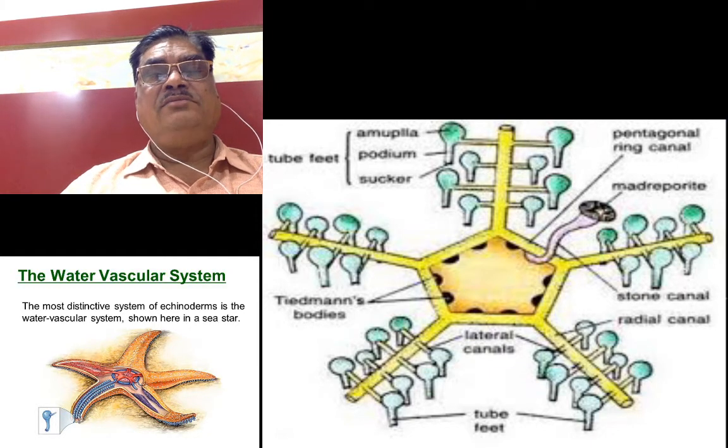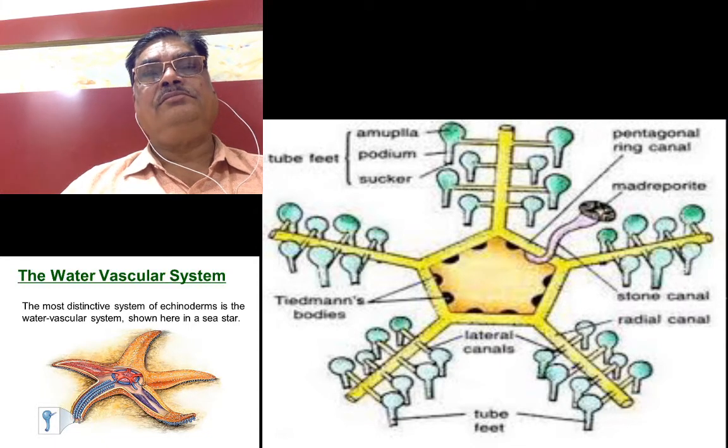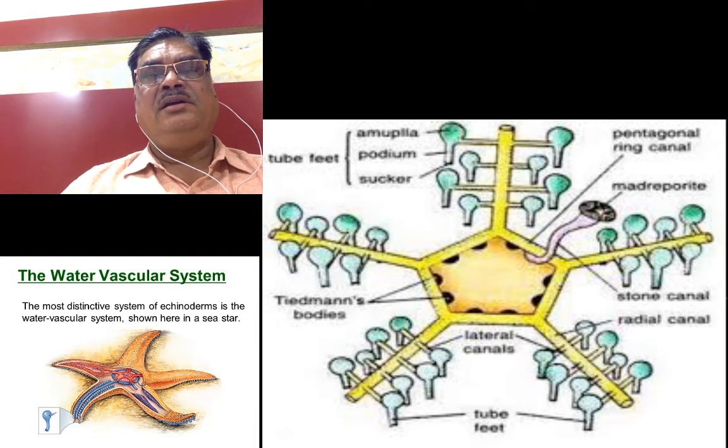It runs from the aboral surface to the oral surface, and finally it opens into the ring canal. It is present around the mouth. Inside the ring canal, we will find 9 tiedemann's bodies, and outside the ring canal, we will find the Polian vesicle.